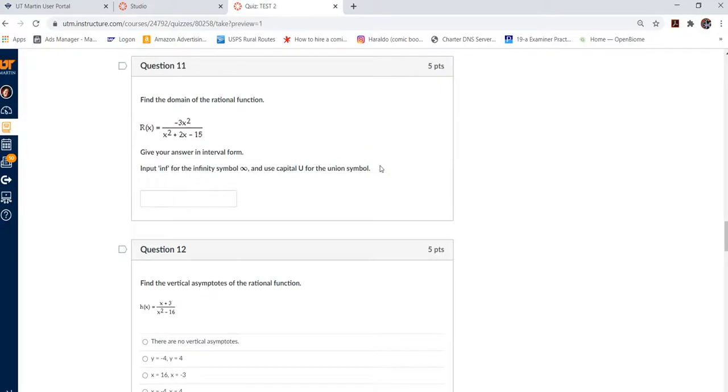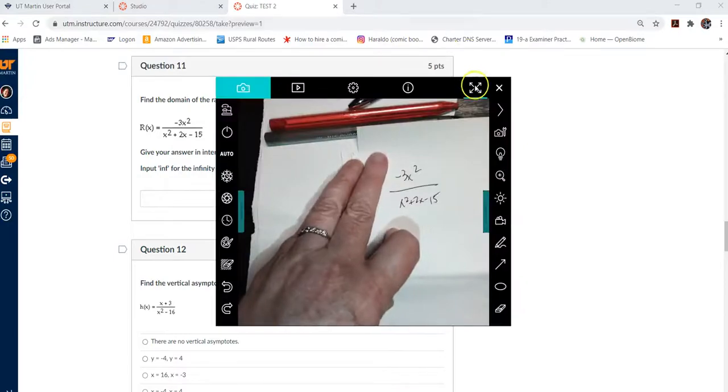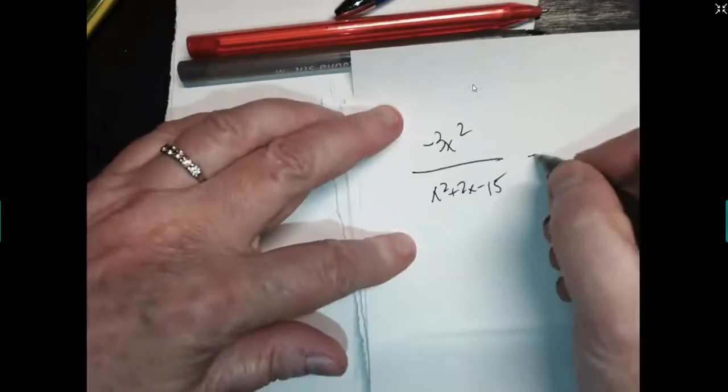Okay. All right, find the domain of the rational function. Give your answer in interval form. Well, this is a fraction, and so a fraction is not allowed to be 0 in the denominator. Okay, so see if you can factor it.